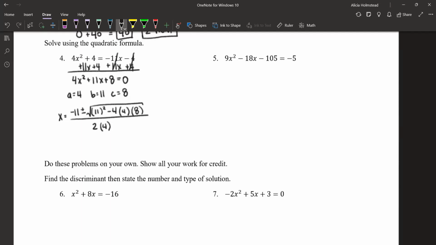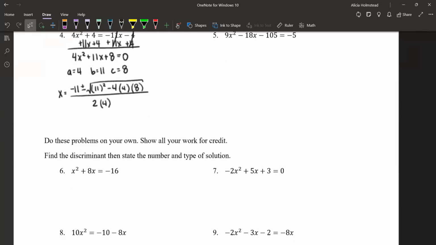And then once we've plugged it in, we're just going to simplify. So -11 remains the same. We'll have plus or minus the square root of 121. And then I'm going to do that on my calculator.